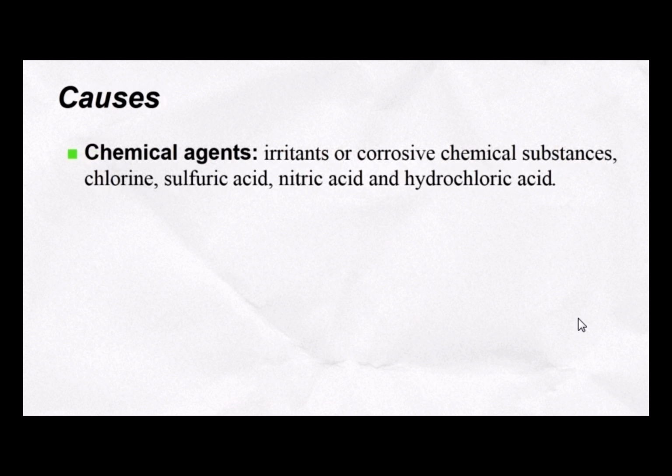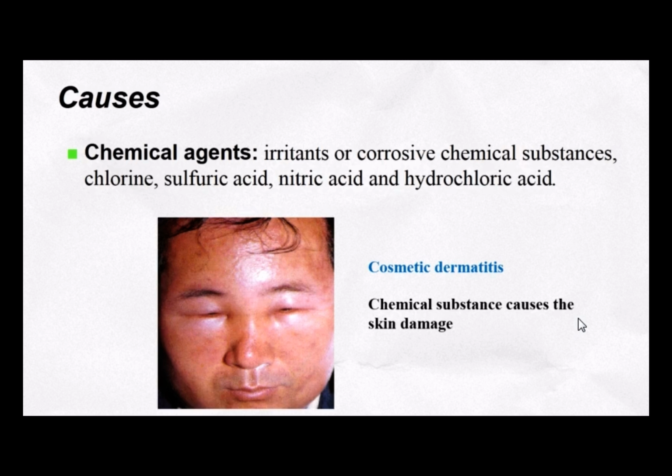Chemical agents include irritants or corrosive chemical substances such as sulfuric acid, nitric acid. Chemical substances such as cosmetics may also cause the skin damage. The picture shows a marked redness and swelling of the facial skin, called cosmetic dermatitis.